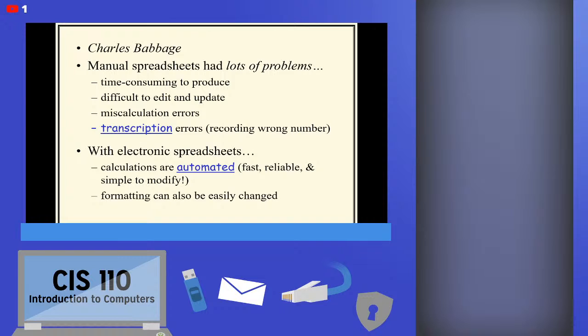And another thing is that formatting can easily be changed. Remember when we talked about earlier how you get that printed spreadsheet and that's it. It's printed and you can't change it. If the column's too big, it's too big. If the column's too small, it's too small. If you're writing in it by hand, your handwriting is the font that you're using.